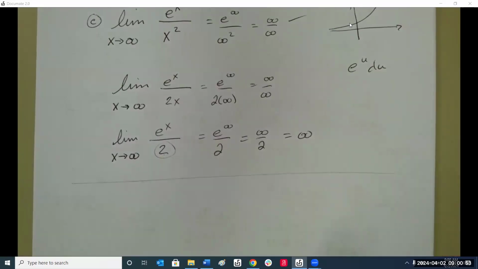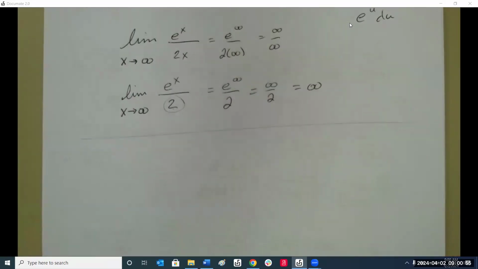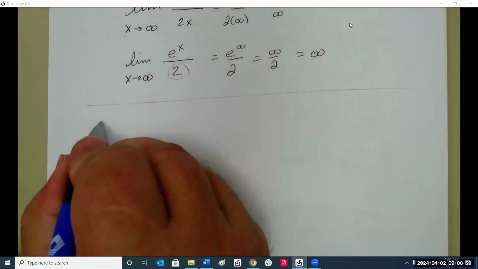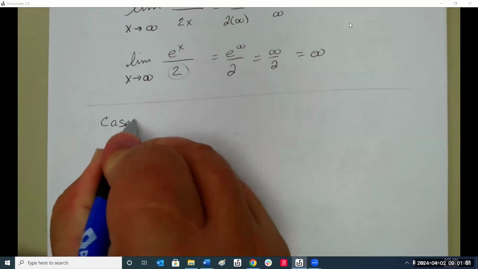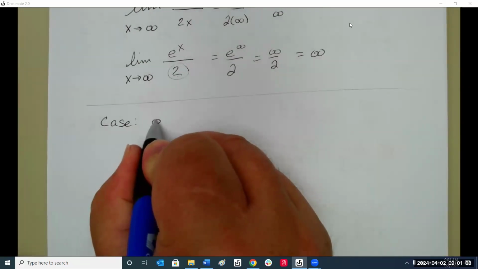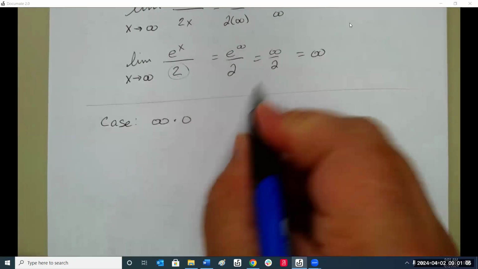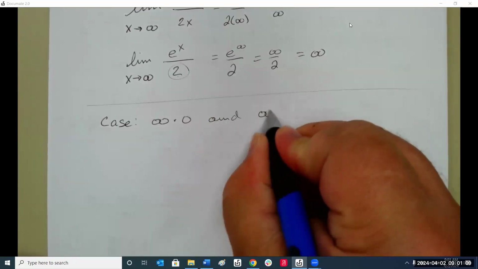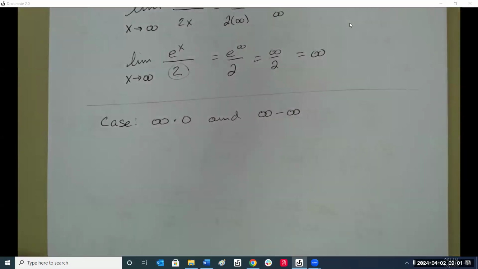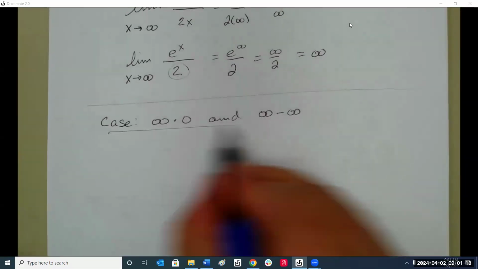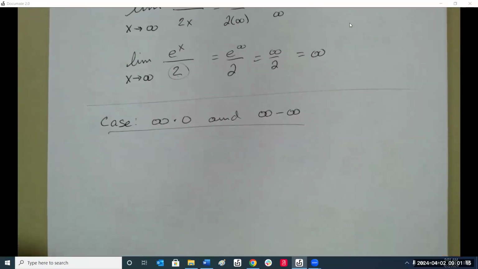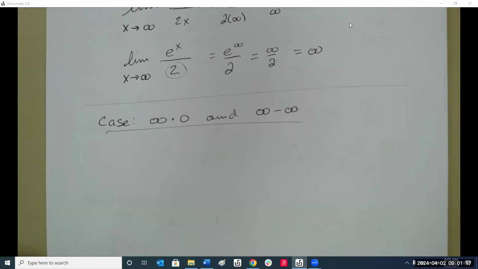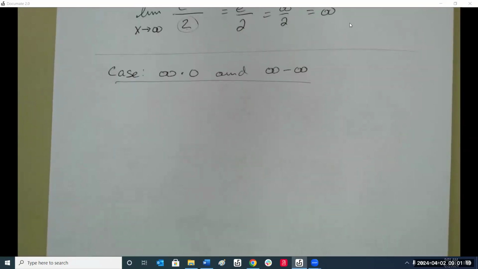Okay, so those were examples of infinity over infinity. Now we have 2 more: infinity times 0 and infinity minus infinity. Let's think about it.